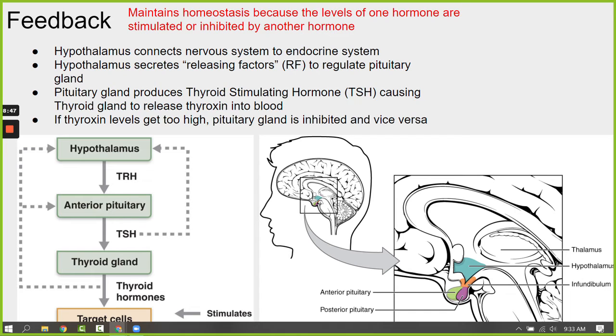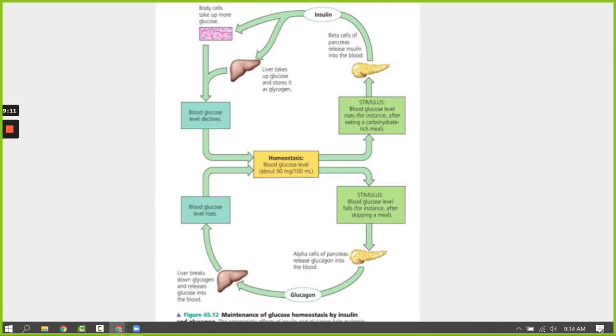When this hormone gets to our thyroid gland, it tells it to release some thyroxine. But as the level of thyroxine increases in our blood, our pituitary gland monitors it, and if the level gets too high, it shuts off the thyroxine production. So it's kind of monitoring conditions and making adjustments so that conditions stay relatively stable.